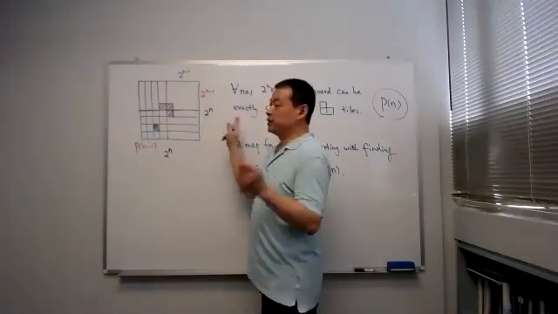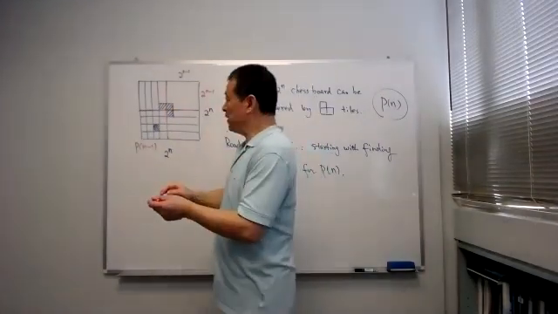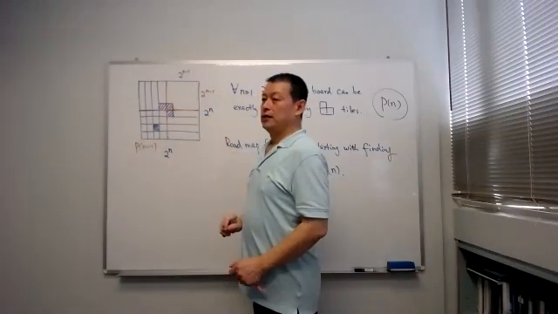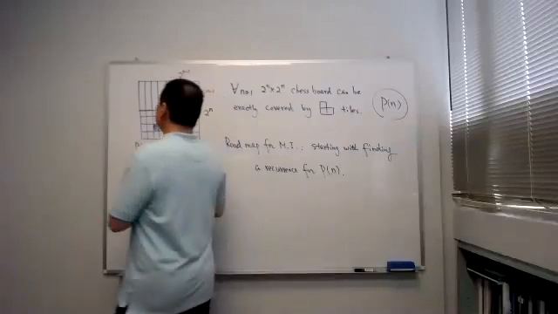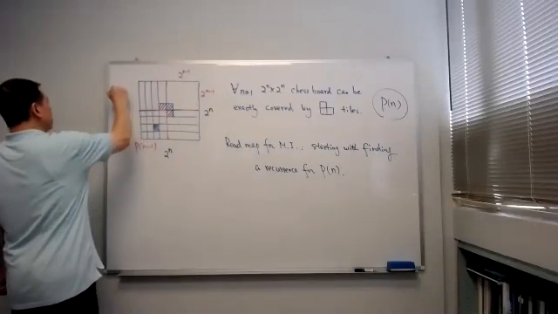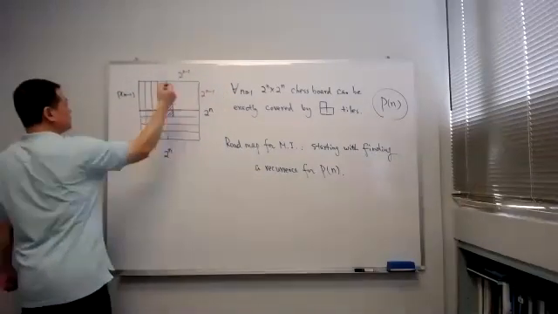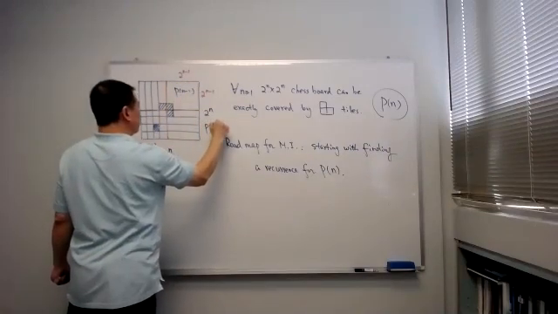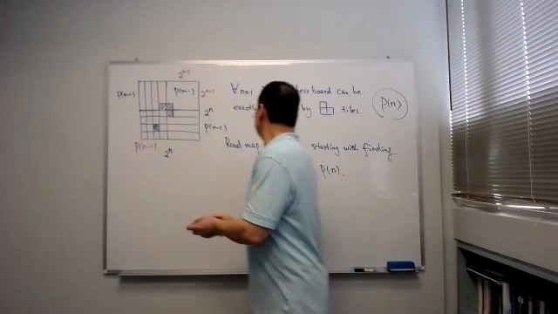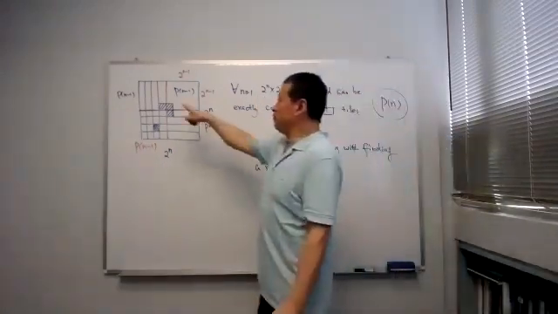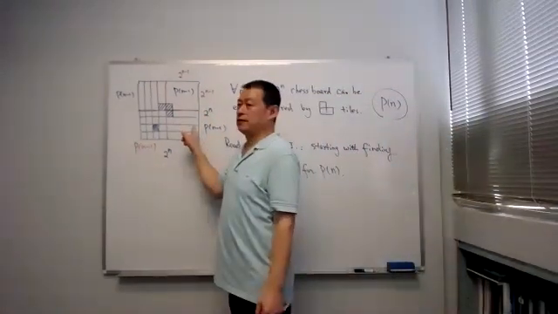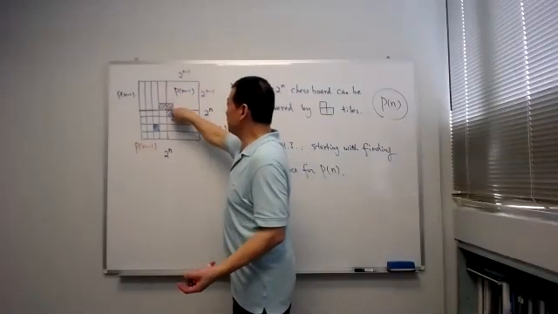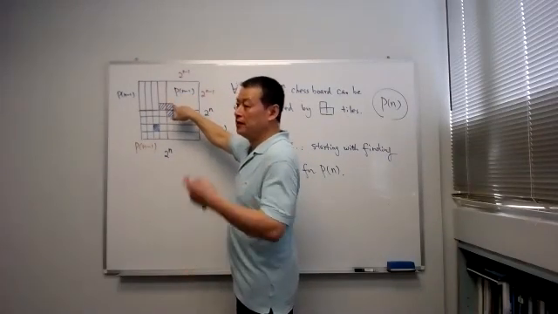Then, divided into 4 pieces, each piece will have one square missing. So here Pn-1 holds on this one, here also Pn-1, here also Pn-1. So Pn now depends on the 4 Pn-1. We know all of them are satisfied because each piece has one square missing.